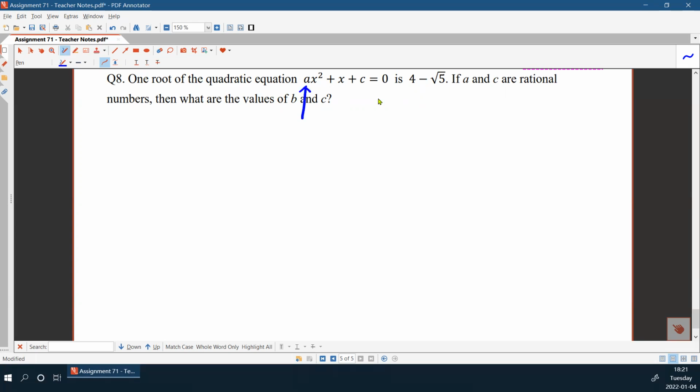So this is our a, this is our c. Both of them are rational numbers, which means they can be expressed as a fraction, such as p over q, right? And also coefficient b here equals 1, which is also a rational number, right?